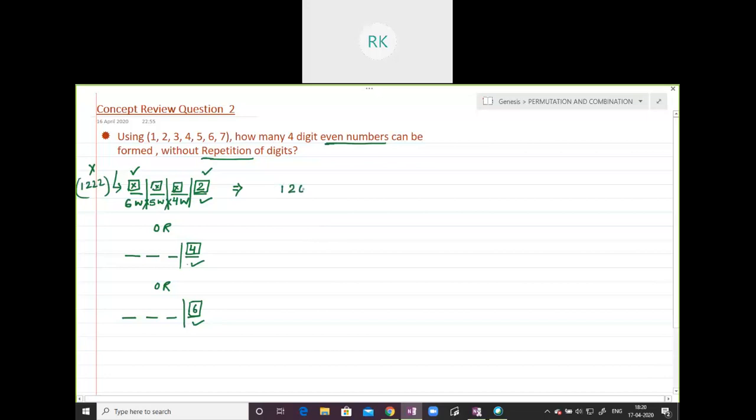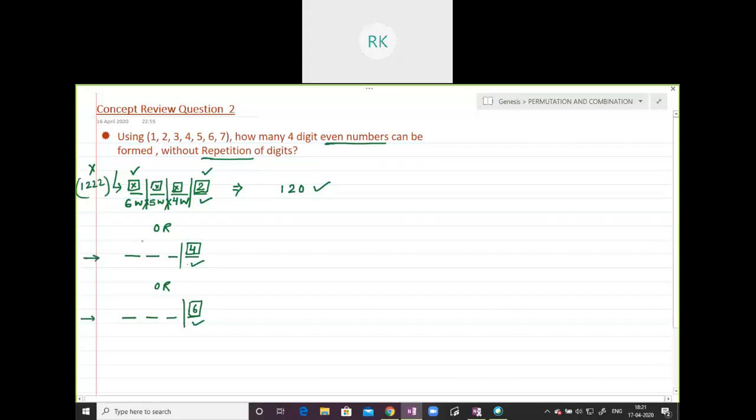I hope you understood, friends. I will get 120 numbers ending with 2, which means 120 even numbers ending with 2. Then we solve the remaining two cases, one more case, and the third case.